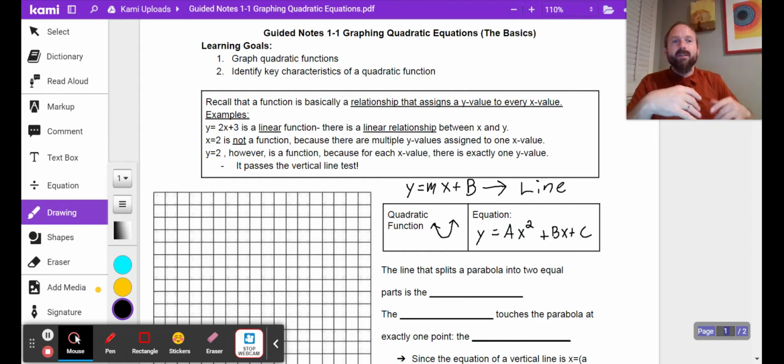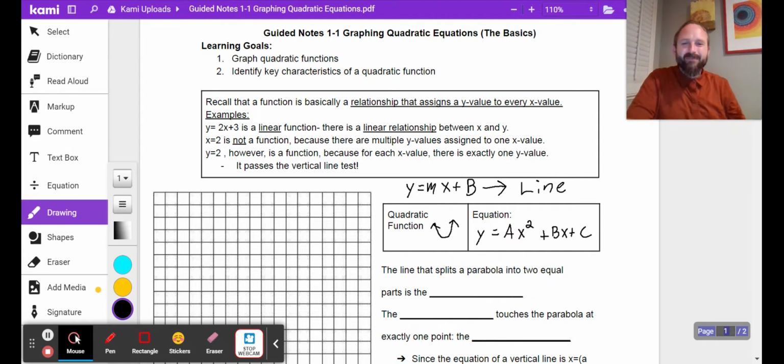For example, if we put in all our inputs, there should not be two outputs for one input. Now we're going to see something crazy coming up, but understand one input only has one output. An output could have different inputs. That's okay. But what we don't want is more than one output for an input.